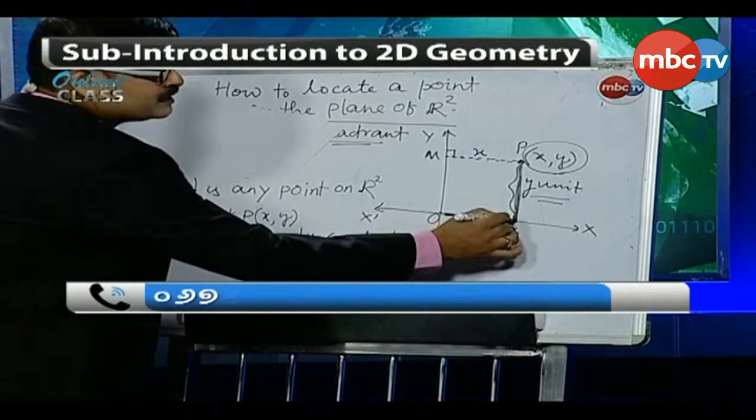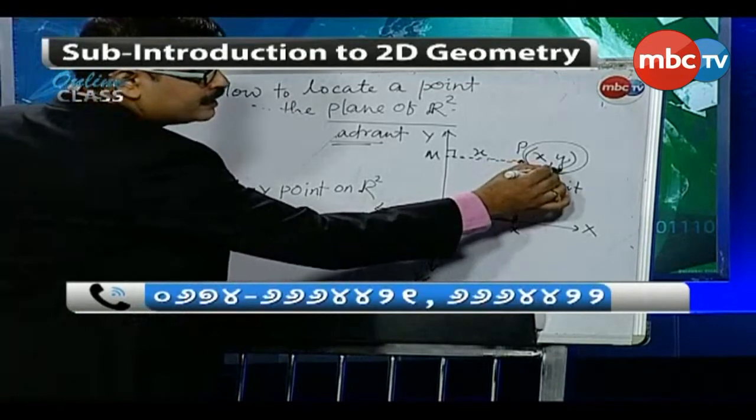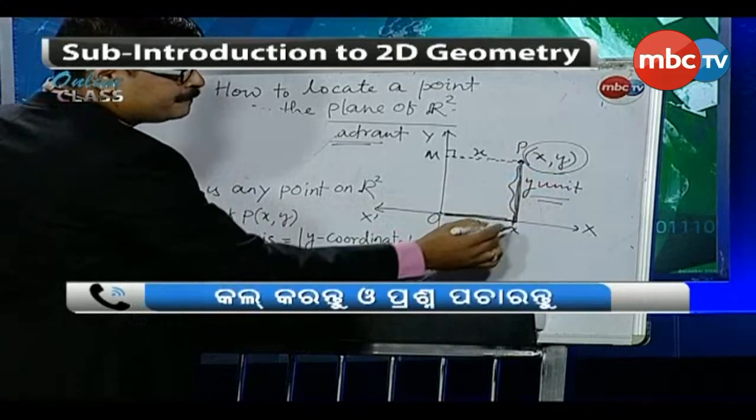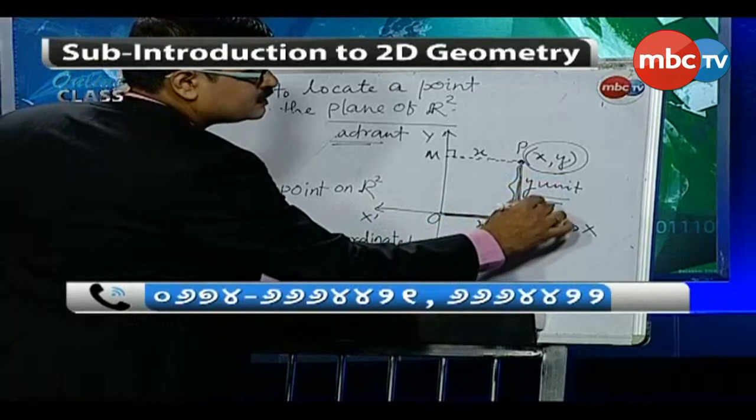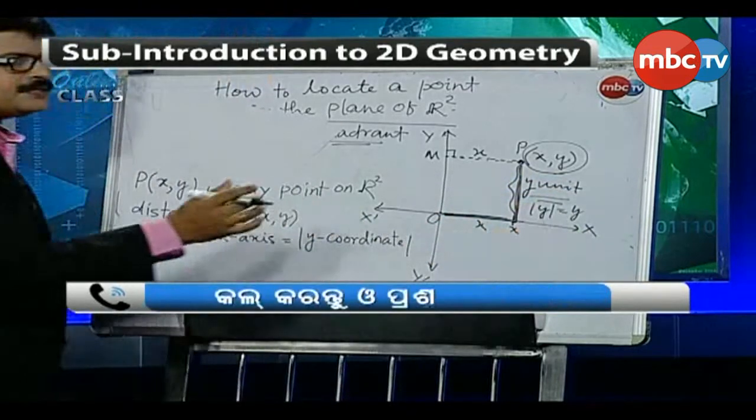In this case, you can see the y coordinate is positive. So, the distance from the x axis is mod y, which is the same as y here, because y is positive.